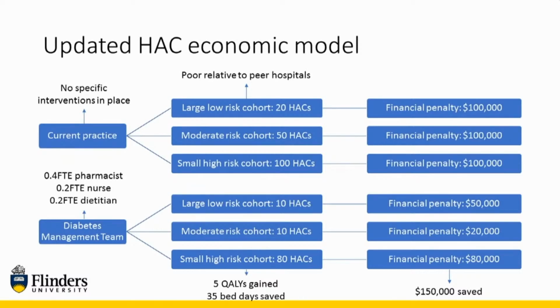And the idea of the intervention synthesis is, in combination with the local data, with the administrative data or the clinical audit data, we can generate estimates of the effectiveness in terms of the actual numbers of HACs that will be prevented and the health gains associated with those, as well as the bed days, and then that leads into estimates of the impact on financial penalties.